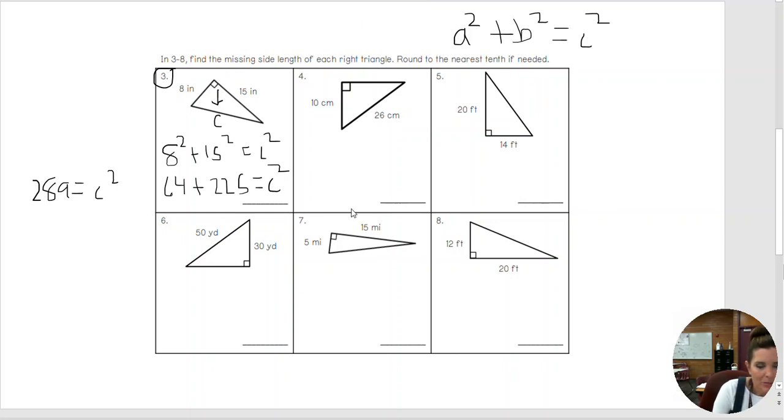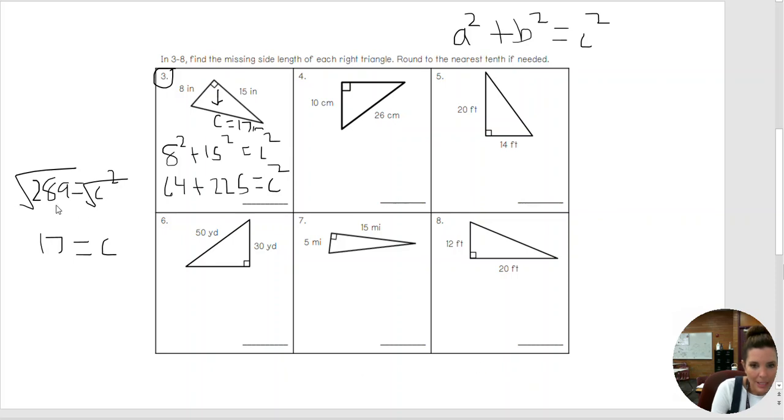Then remember from yesterday, if you want to figure out what C is, and C has been squared, the way you cancel out a square is to take the square root. So to get rid of that squared, we square root this side, which means we also have to square root the other side. So C equals 17. The missing side length for this one is 17 inches.